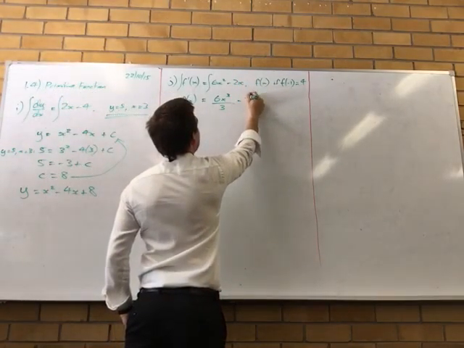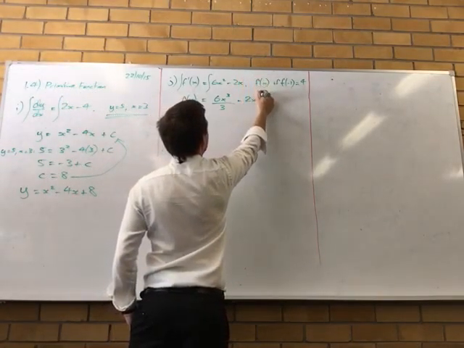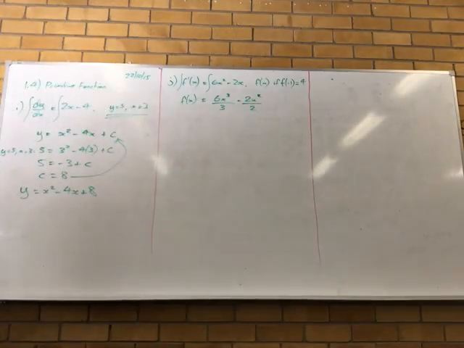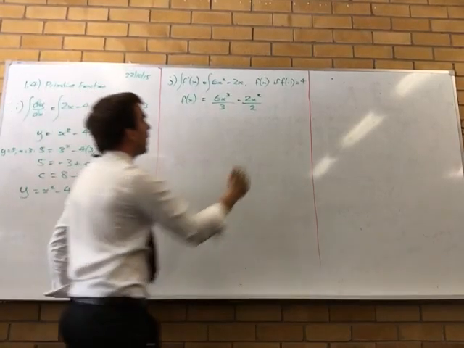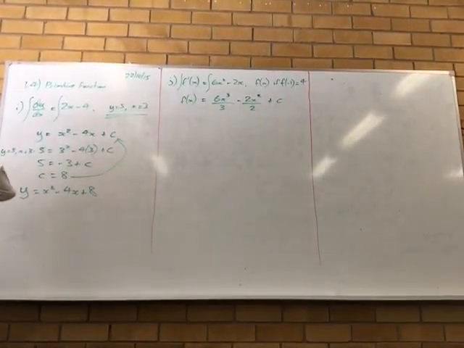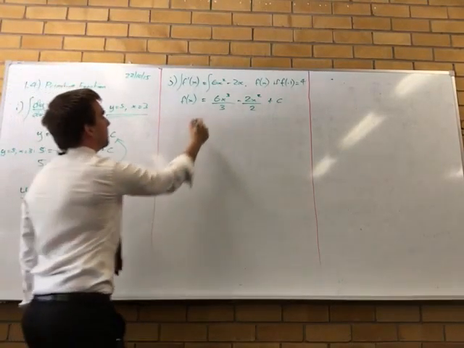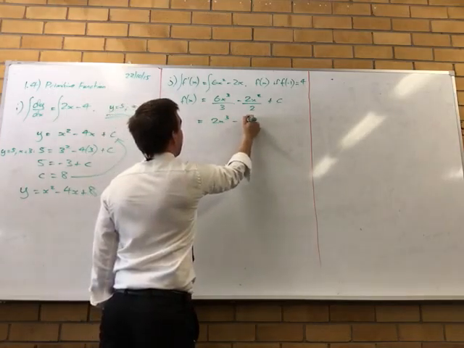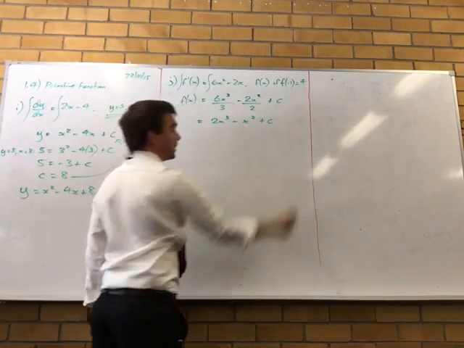Take away 2x, this is the power of 1, so we need to add 1 to the power, and then divide by my new power. And our constant of integration. Alright, so we've got 2x cubed, take away x squared plus c.